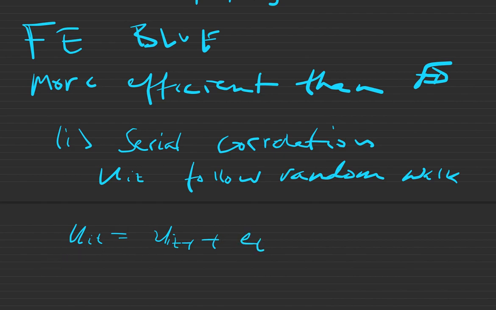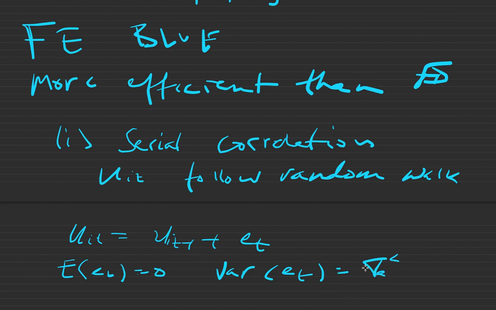So the current idiosyncratic error is equal to the past idiosyncratic error plus some random error. The expected value of e_it is equal to 0. Variance of e_it is equal to sigma squared e.